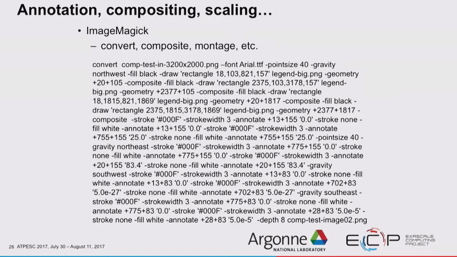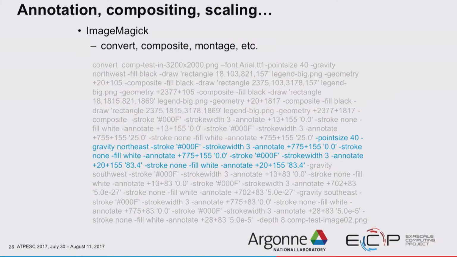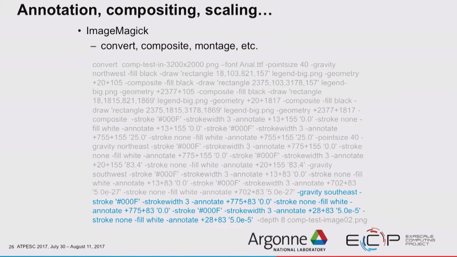What this is doing, and you'll see the result of it in a second, is essentially I've got 4 images that I want to composite together. Each of them has a color scale and a different data range. Let me break this down into chunks, the 4 different pieces.